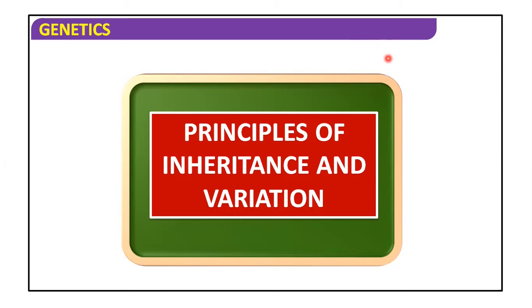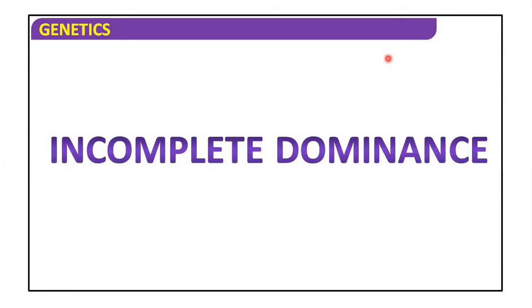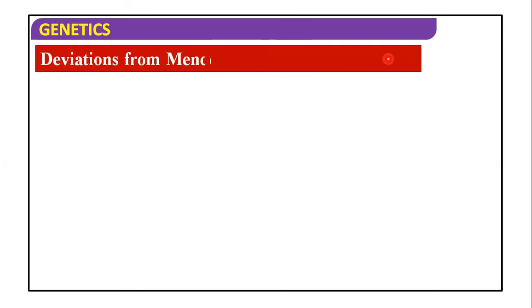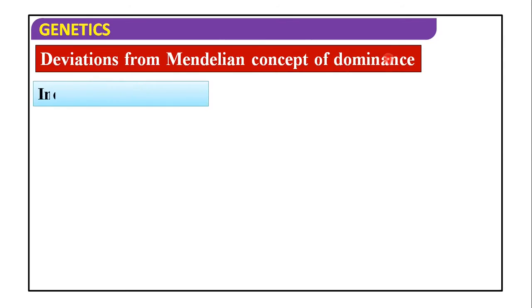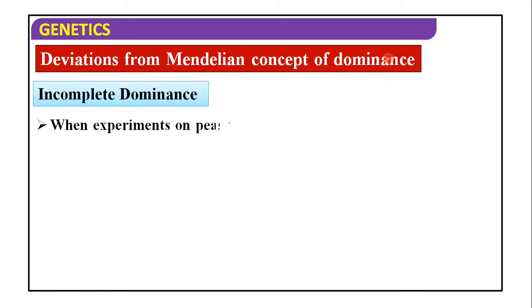Now we will see in detail what is meant by incomplete dominance in this video. First, the term we have to see is deviations from the Mendelian concept of dominance. Incomplete dominance is the first term.